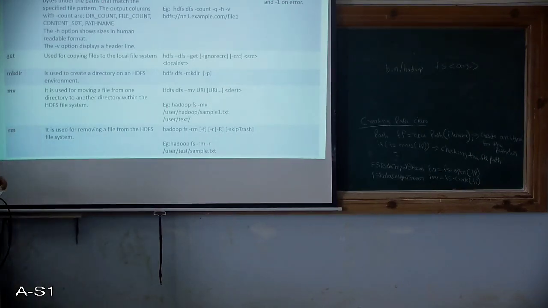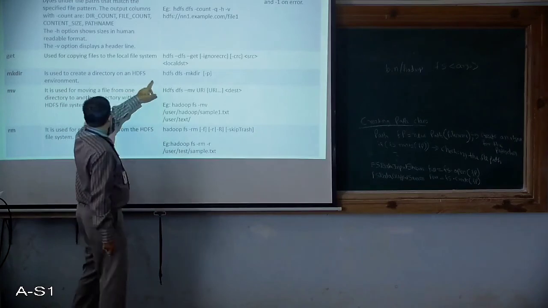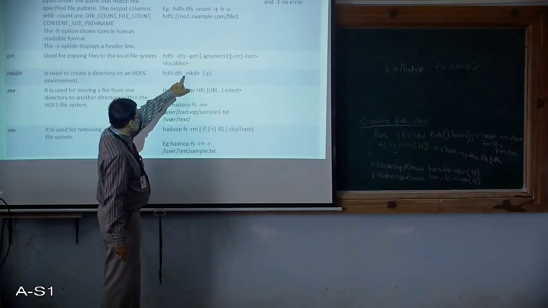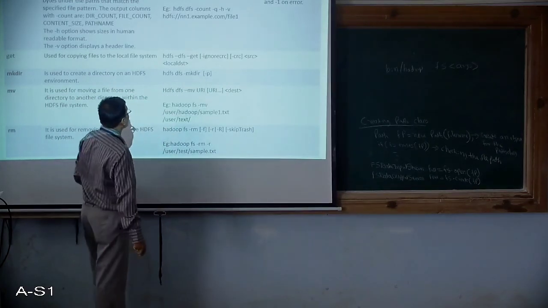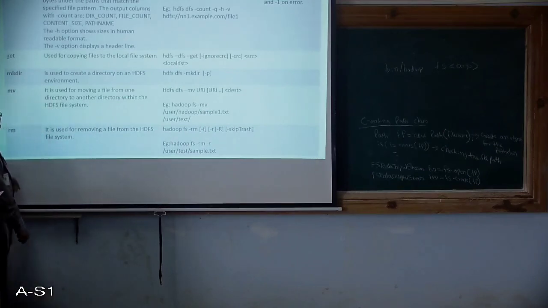The next command under discussion is mkdir, which is used to create directories by taking the path URIs as an argument. hdfs dfs -mkdir -p, so we can create a new directory in the specified path.